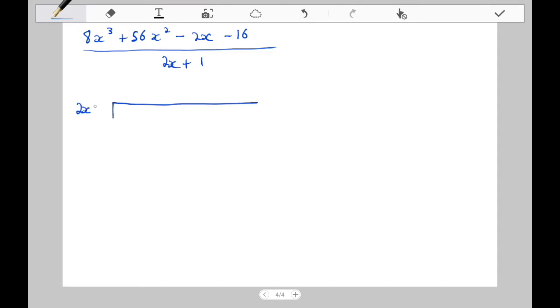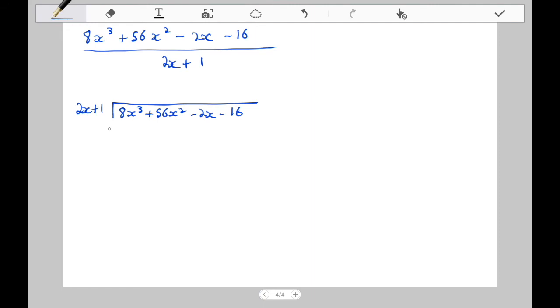We have the 2x plus 1 on the outside. We have the 8x cubed plus 56x squared minus 2x minus 16 on the inside. And we look at the 2x alone, and we say, what is 8x cubed divided by 2x? Or what do we need to times 2x by to get 8x cubed?